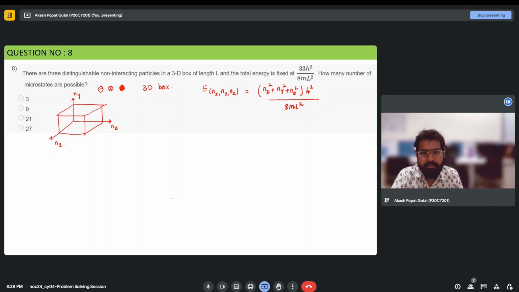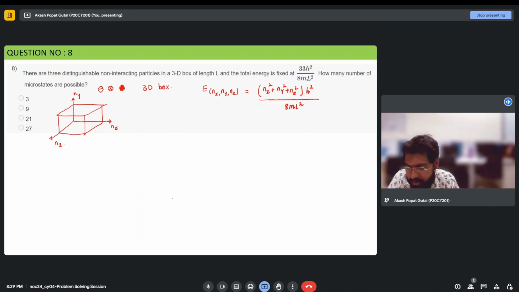And each particle will have energy according to the energy levels of the three-dimensional box. So what are the energy levels?